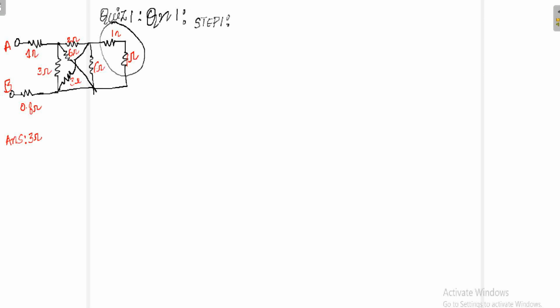After adding this 1 ohm and 1 ohm, the circuit changes to this: here you have one resistor, here one more resistor, here one resistor, and here 2 ohms, and this is 6 ohms.